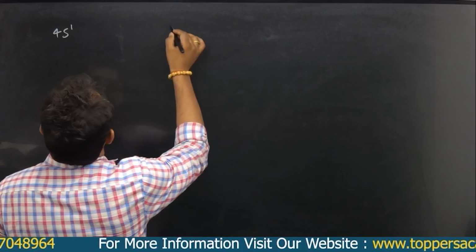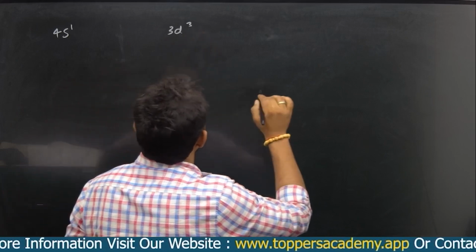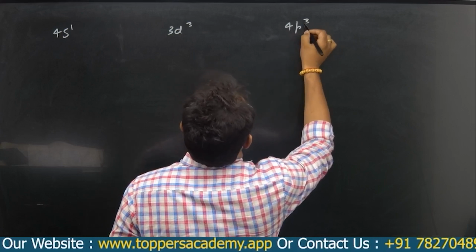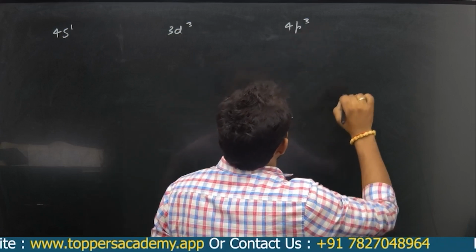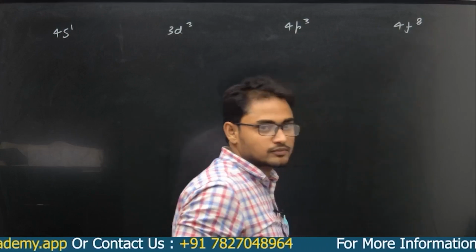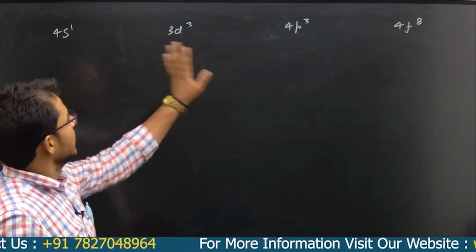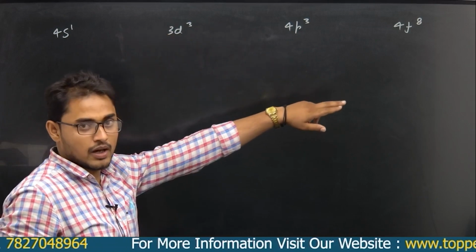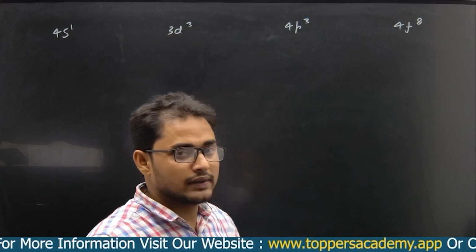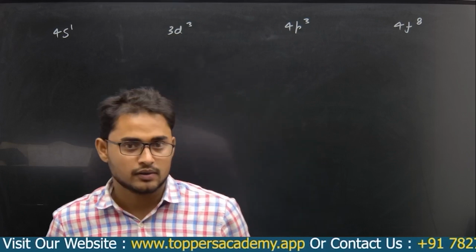Suppose there is 3d3. Suppose there is an example of 4p3, and an example of 4f8. I have taken 4 different types of examples, s, p, d, f. Now I will calculate the values of n, l, m, s, that is, these quantum numbers.